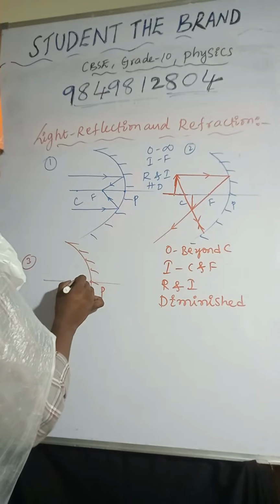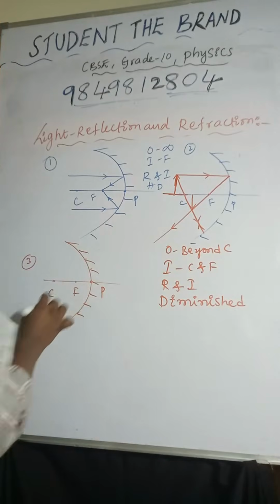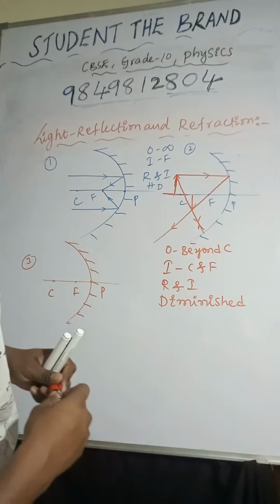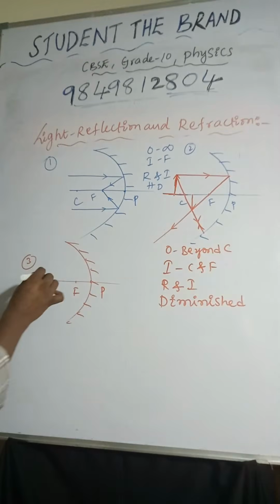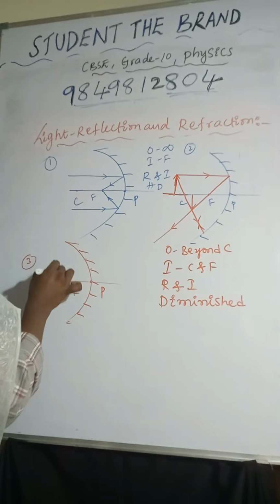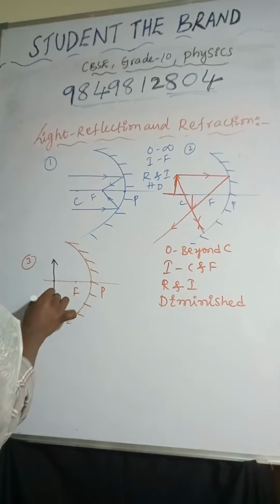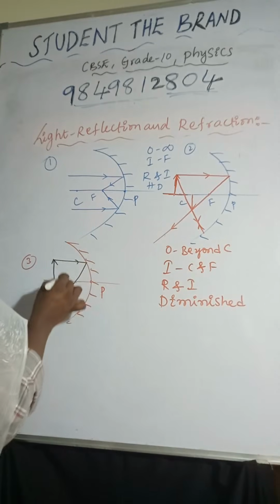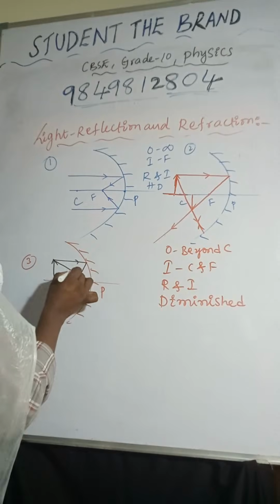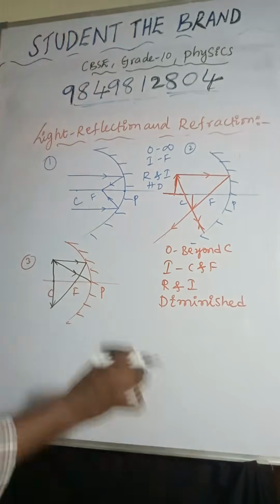So pole, focus, center of curvature. Okay, the object is placed at C. The image also will form at C itself. One light ray I am taking like this, it passes through focus. Another light ray I am taking, it is incident at the pole and reflects back.